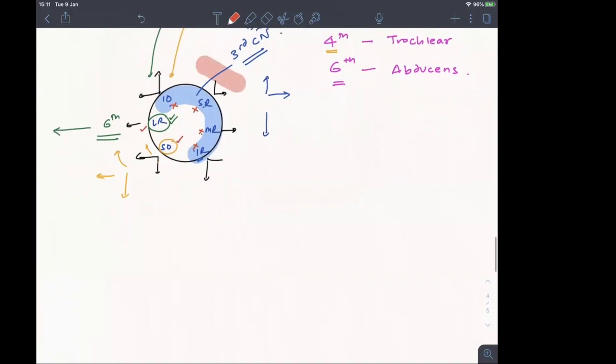And therefore, your eye will have nowhere else to go except follow the action of these two muscles, which is out. So your lateral rectus will pull the eye out, and your superior oblique will pull the eye out and down. Which is why in a third cranial nerve palsy, you get a down and out eye.